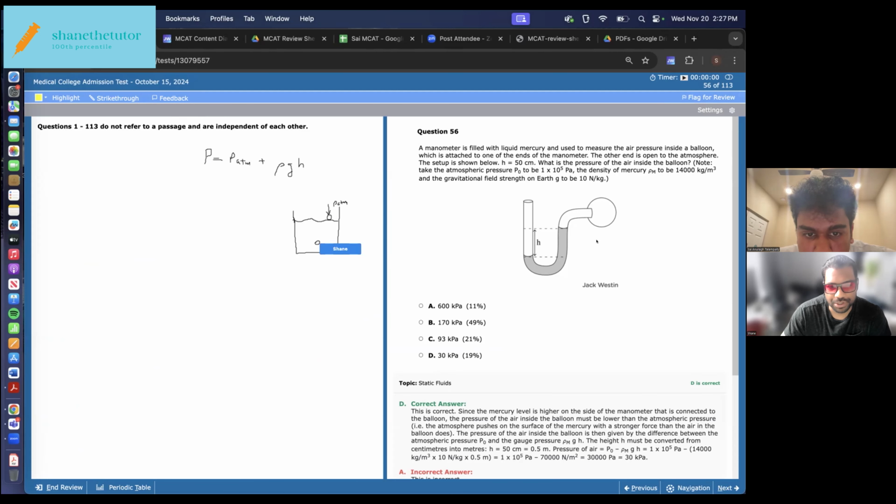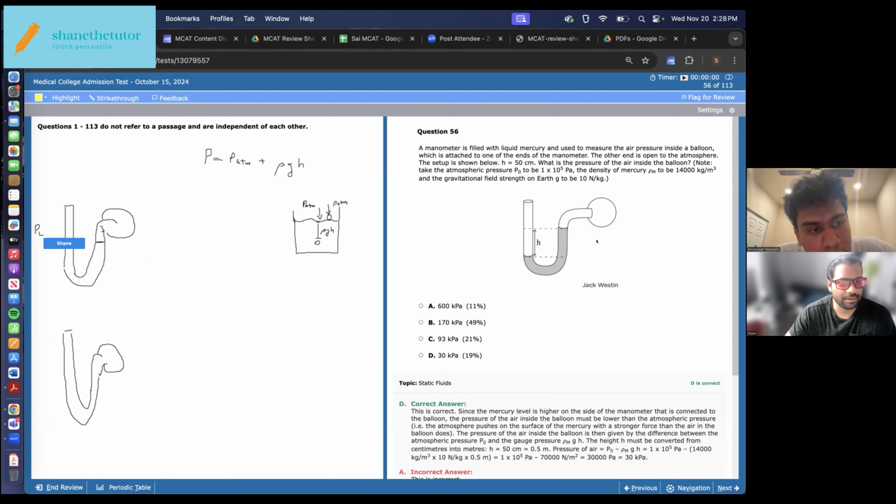Now, for this question, let's start off with this conceptually. Let's say pressure on the left, pressure on the right. If these two levels were equal, what can you tell me about the pressure on the left and the pressure on the right?